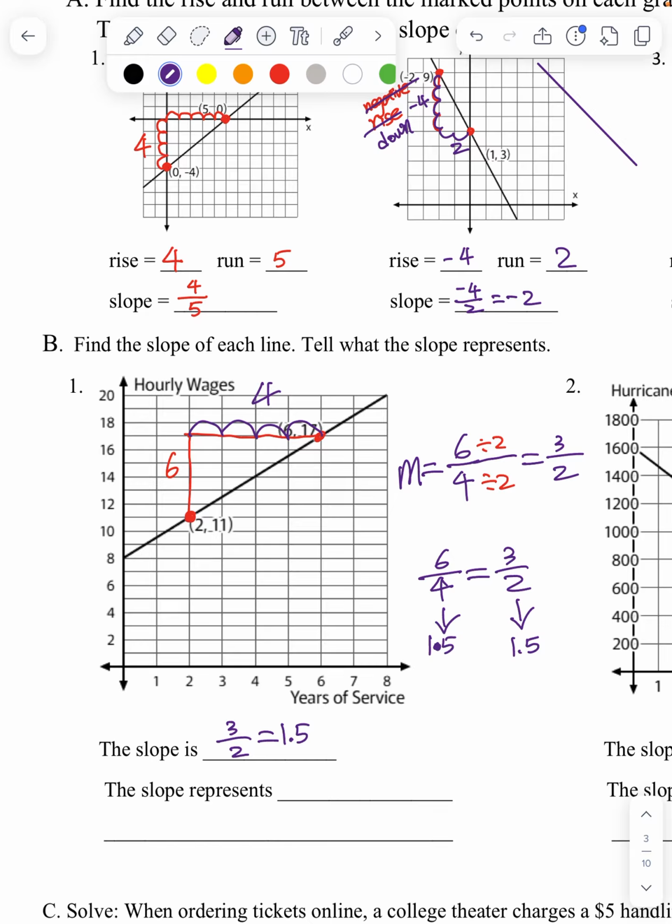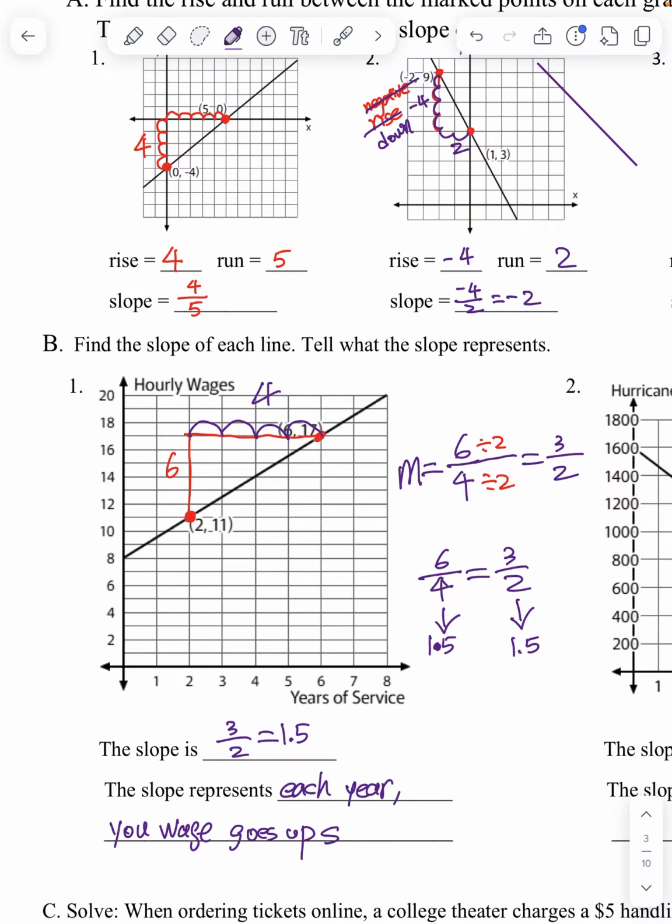Your hourly wage is going to rise 1.5 dollars, right? Or you can put each year. So each year, each year, your salary, your wage goes up 1.5 dollars.